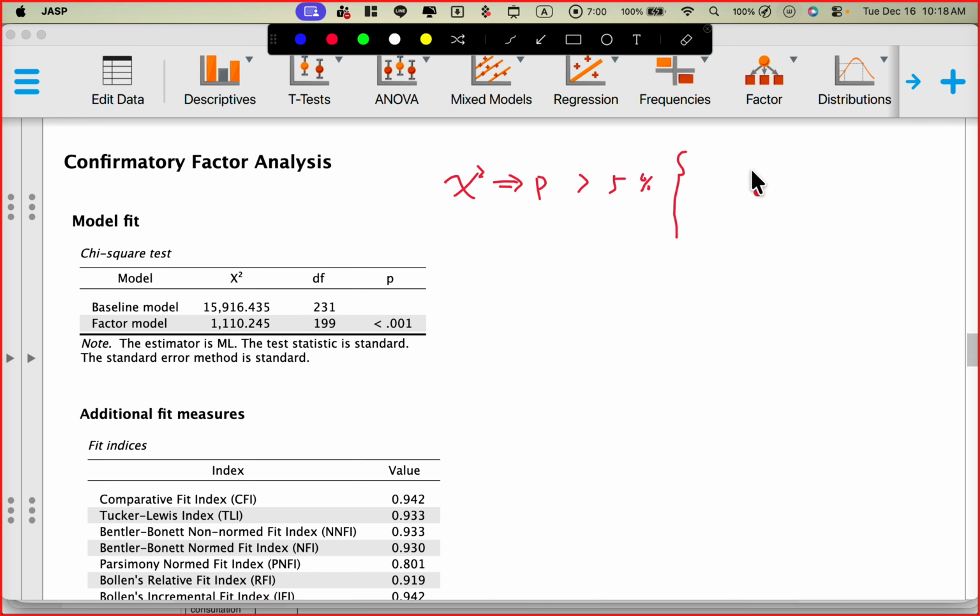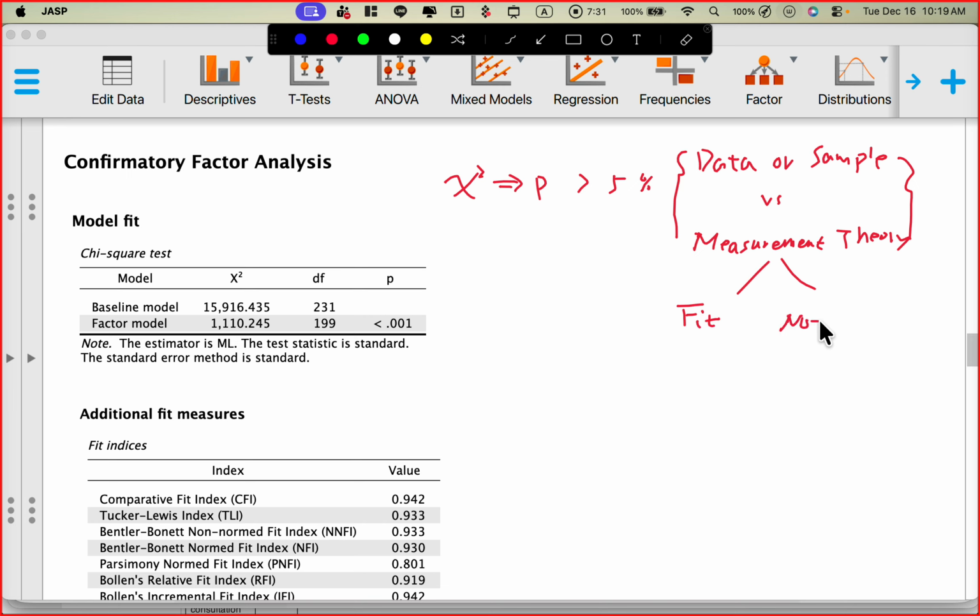What does that mean? Our data or sample that we have collected versus the measurement theory, either fit or not fit.